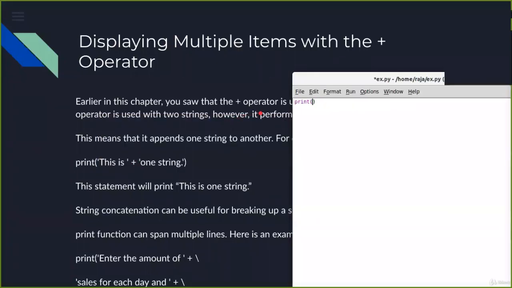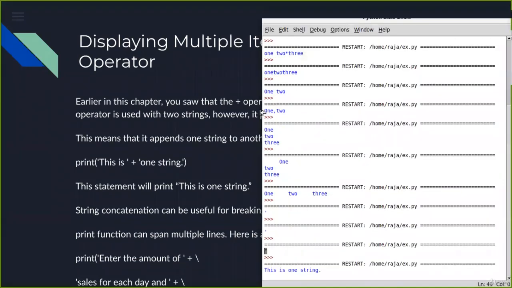So this is, followed by a plus, and one string. So it says this is one string. So this is how I can add two or three strings and get an output.